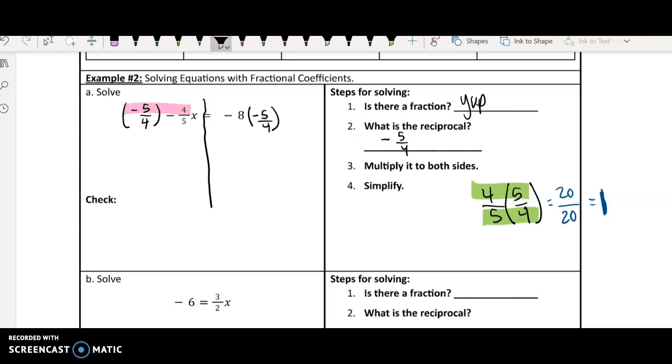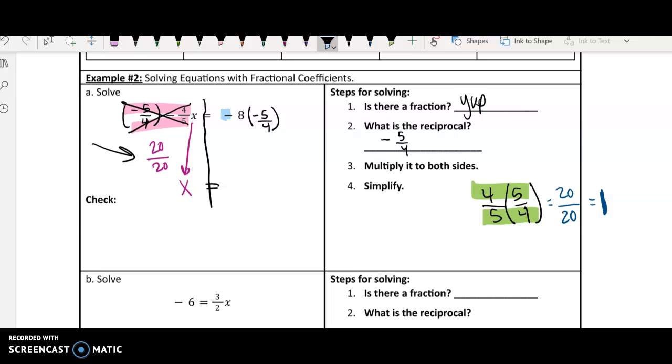Negative 5 times 4 is 20. 4 times 5 is 20. And 20 divided by 20 is 1. Bring down my x. But remember, you don't have to actually write the 1. So we are just going to write an x. You will see me from here on out, I skip this step, and I just do this. Those cancel each other.